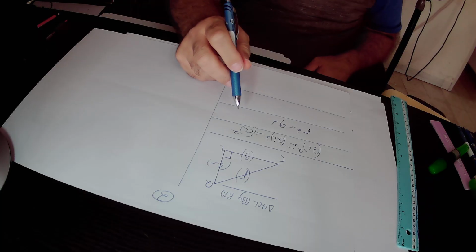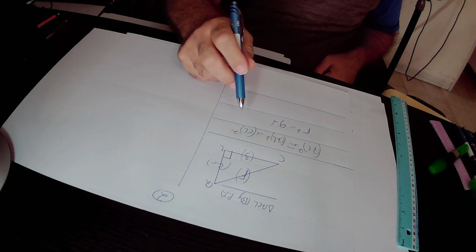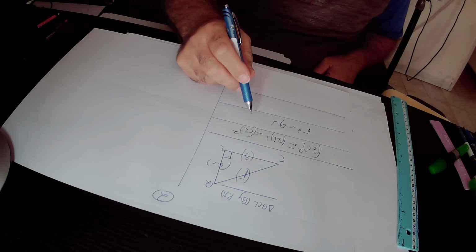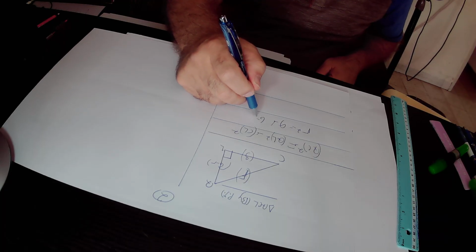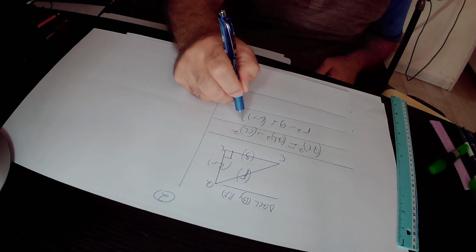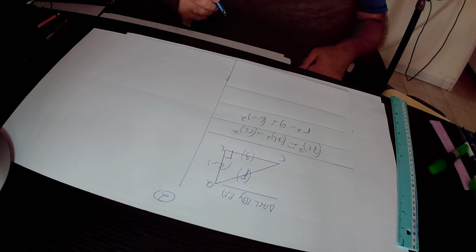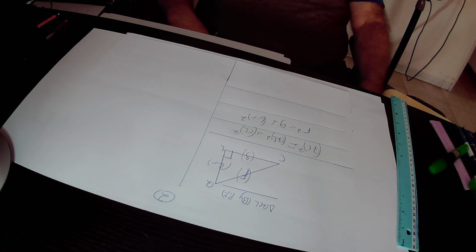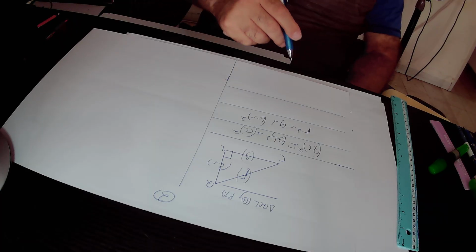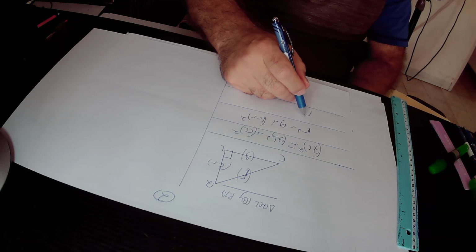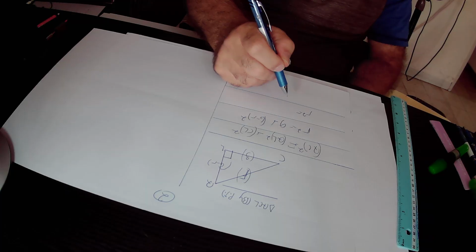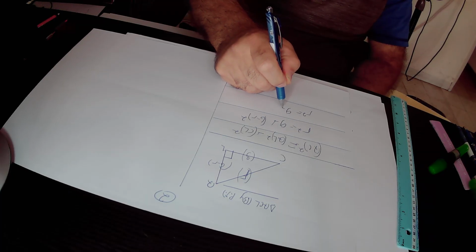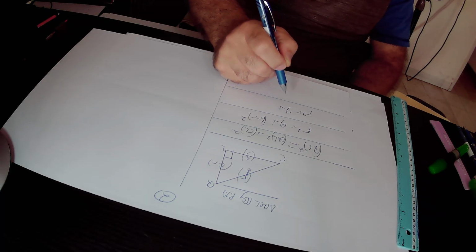CL equals 6 minus R, therefore CL squared equals 6 minus R squared. In total, we found out that R squared equals 9 plus 6 minus R squared. So R squared equals 9 plus 6 minus R squared.